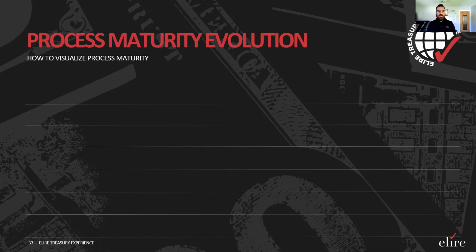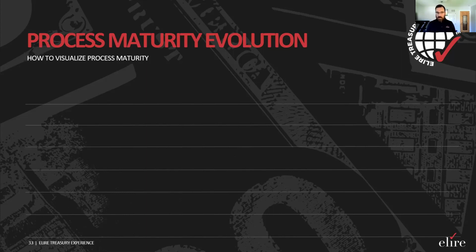It can take a while to gather the data. You might have to really review all your current state processes, but ultimately the best way to break this down is to find some way to visualize things.